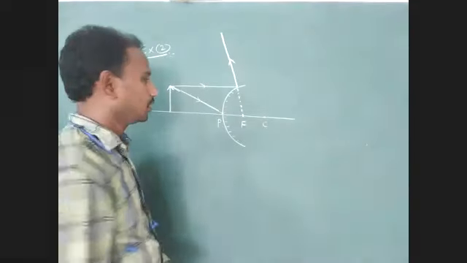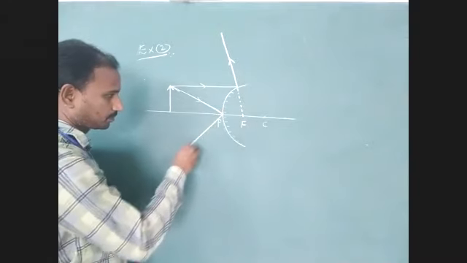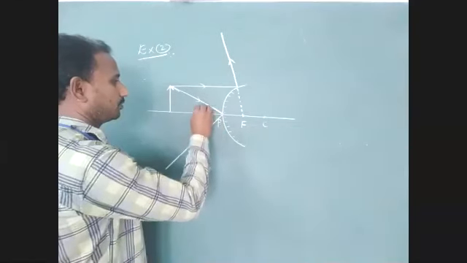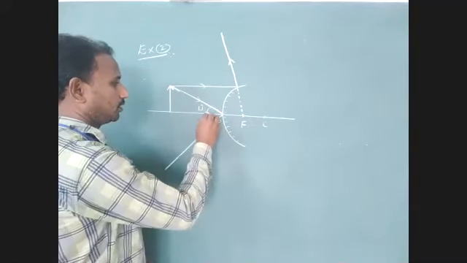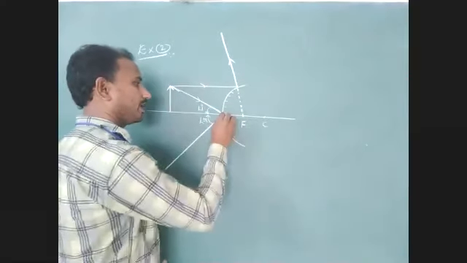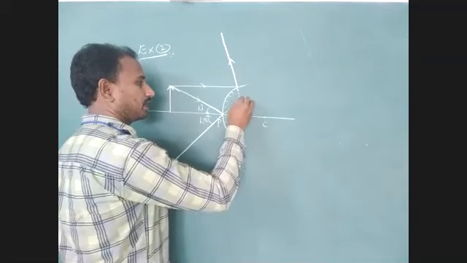Okay, students, the next one. Fourth rule: angle of incidence equals angle of reflection. Now we have to extend this reflected ray.